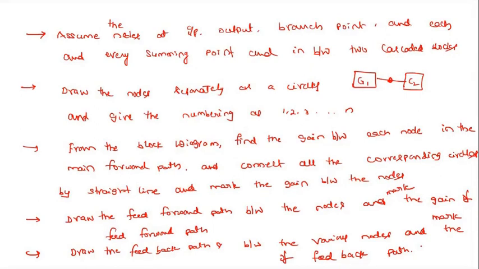From the block diagram, find the gain between each node in the main forward path and connect all the corresponding blocks by a straight line and mark the gain between the nodes. So the first one is the main forward path. Next point is the feed forward path. Next one is the feedback path. These are all 3 paths: main path, feed forward path, feedback path. So if you follow these 5 steps, you can easily convert a block diagram into a signal flow graph.